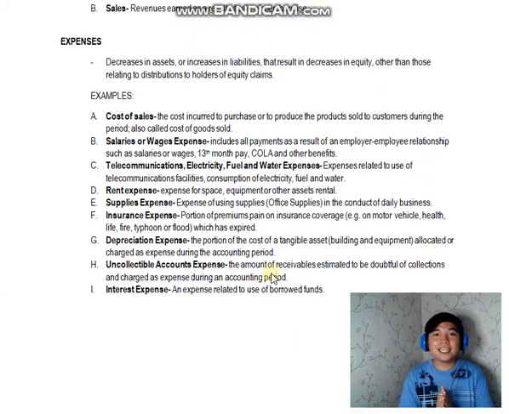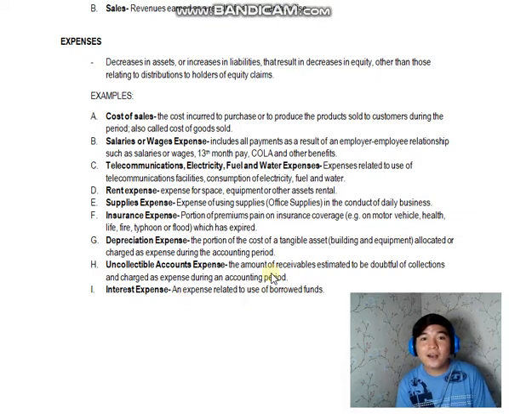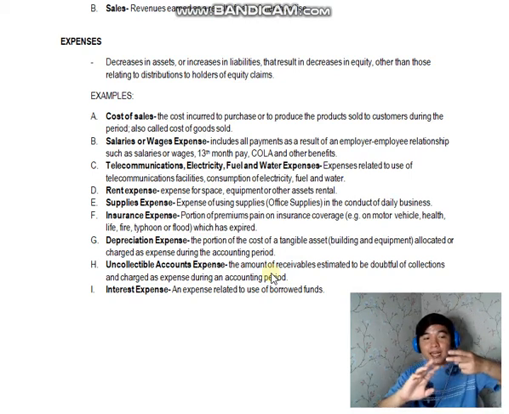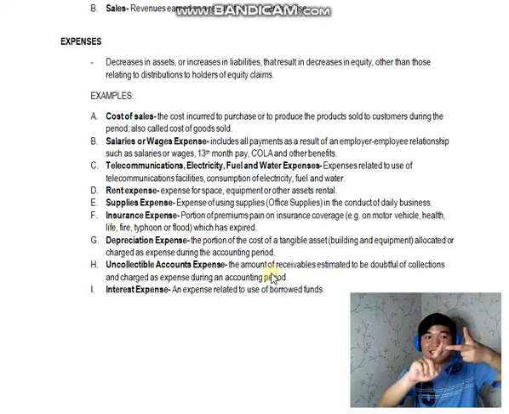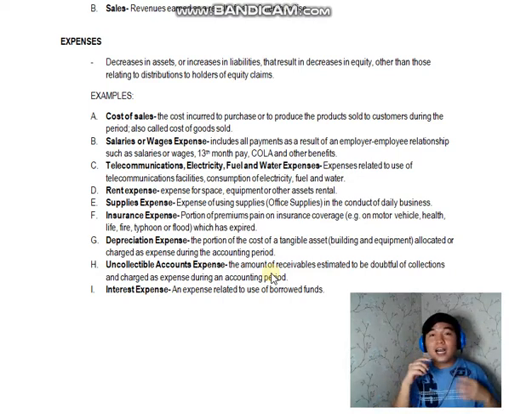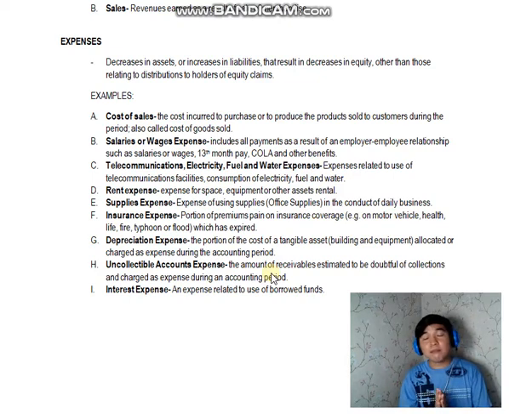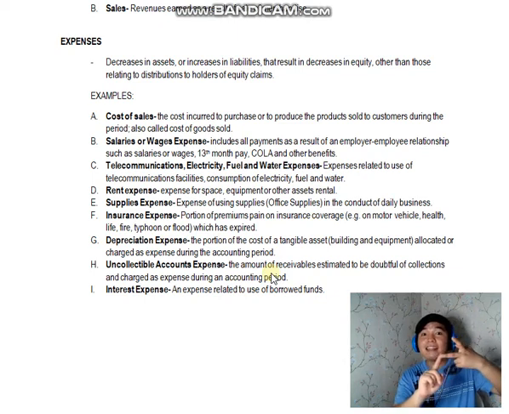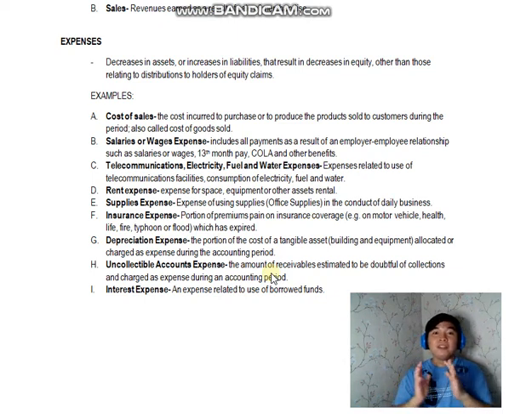So, natutunan na natin yung iba't ibang elements ng financial statements. Okay? Meron tayong elements na nakikita natin sa statement of financial position or balance sheet. Let's summarize. Okay? Meron tayong asset, liability, and equity. Okay? Yung mga elements naman na makikita natin sa income statement or statement of financial performance, meron tayong income and expenses.